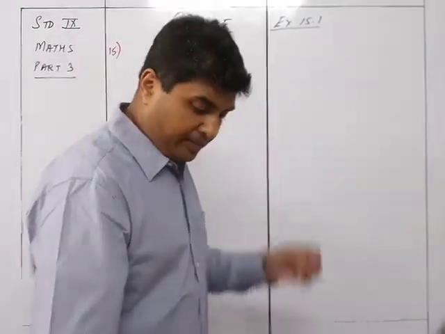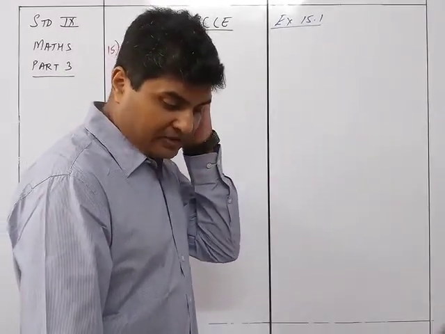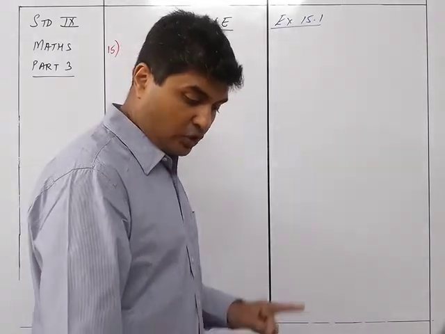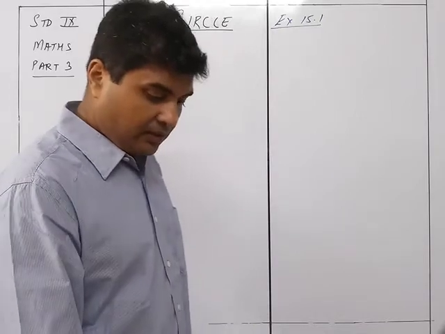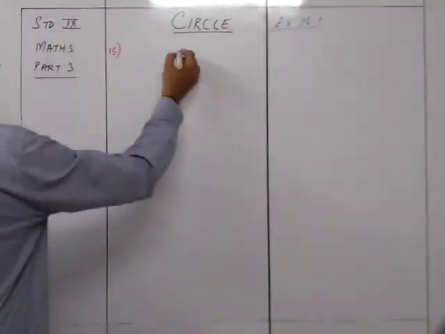The line joining the midpoints of two chords of a circle passes through its center. Prove that the chords are parallel. So you have got a proof now.